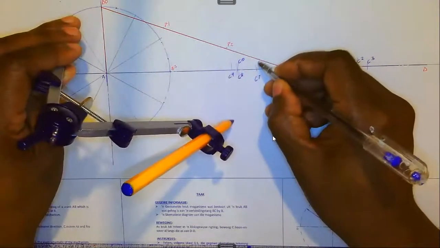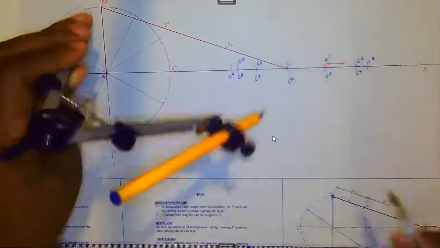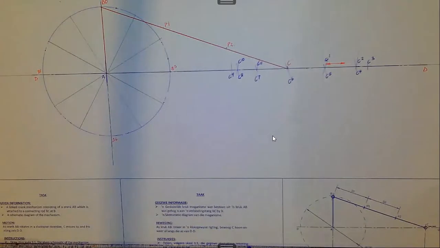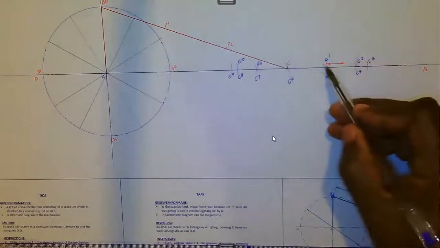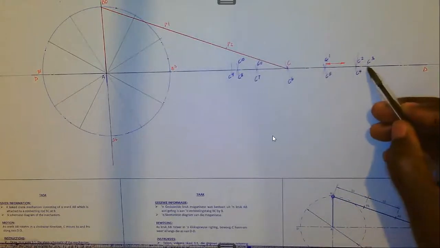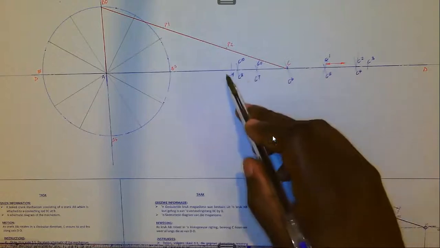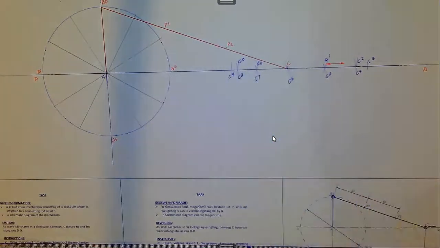And C11. Back to the starting position, which is point C0, because C1 is here, C2, C3, C4, C5, C6, 7, 8, 9, 10, 11, back to 0.